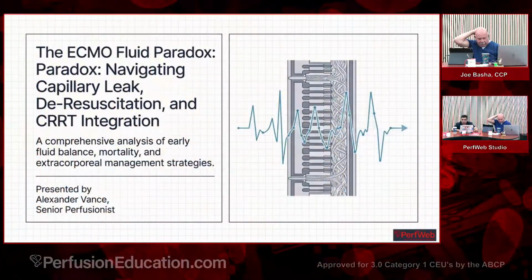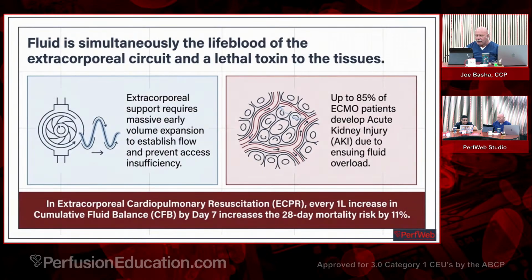Staying with the theme, something else I'm passionate about: the ECMO fluid paradox, navigating capillary leak, deresuscitation, and CRRT integration, a comprehensive analysis of early fluid balance, mortality, and extracorporeal management strategies. Fluid is simultaneously the lifeblood of the extracorporeal circuit and a lethal toxin to the tissues.